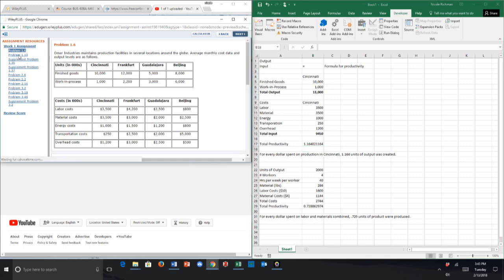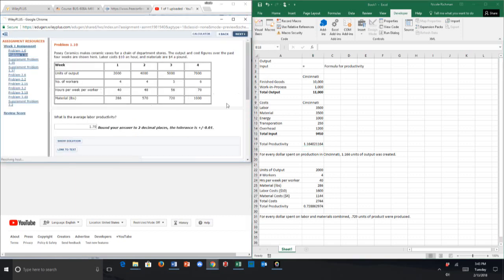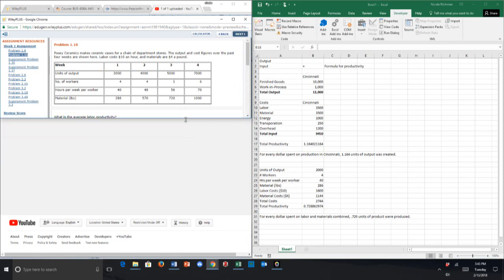So let's take a look at problem 1.10. Here we have 4 different weeks, and we want to determine what the productivity is for each week. Now, what are some of the questions that can come out of this solution? Well, we could determine if adding additional workers created more output.